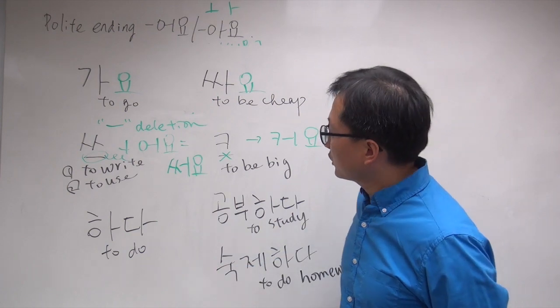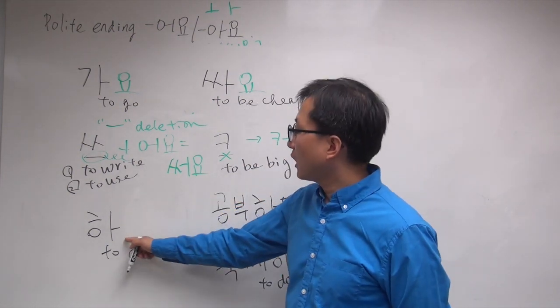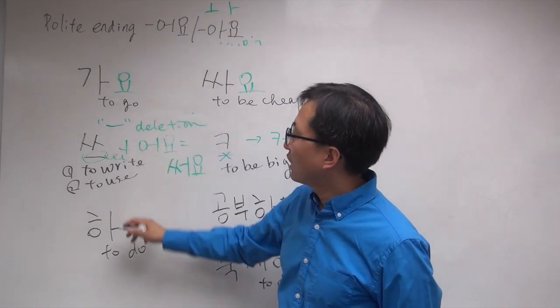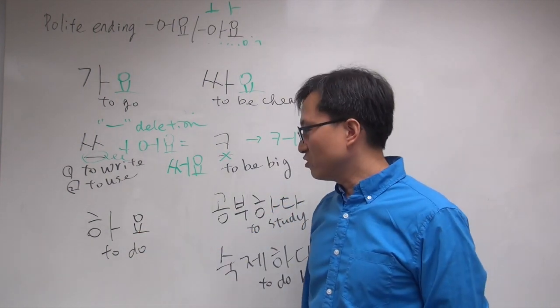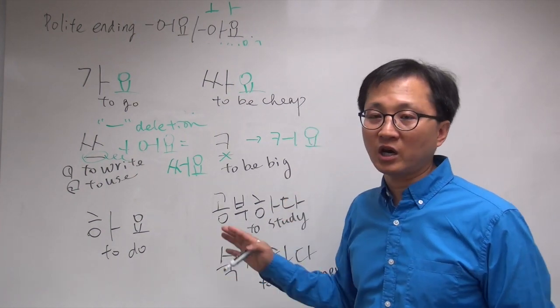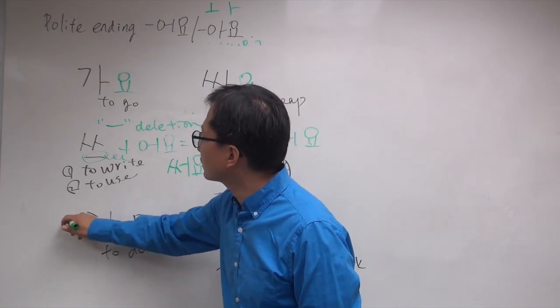And when we conjugate 하다, let's get the stem. 하. And 하, it has a, so it looks like it should be 하요. But the 하다 verb is a little unique, since 하다 is used for many other verbs. So please remember 하다 separately.